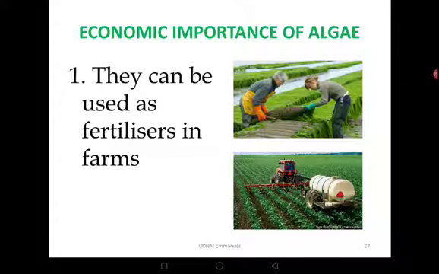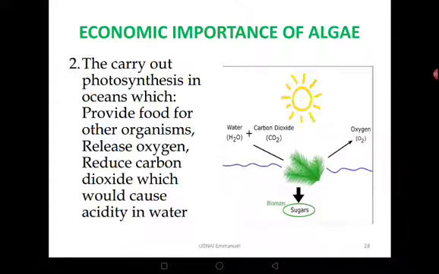So the algae can be used as fertilizers in farms. That's true, they can be collected and fermented and then used in farms to add manure. Then, of course, we know algae carry out photosynthesis in the oceans, which provides food for other organisms. They act as primary producers in the oceans and the seas. They also release oxygen, and this oxygen is used by the aquatic organisms which live in the waters.